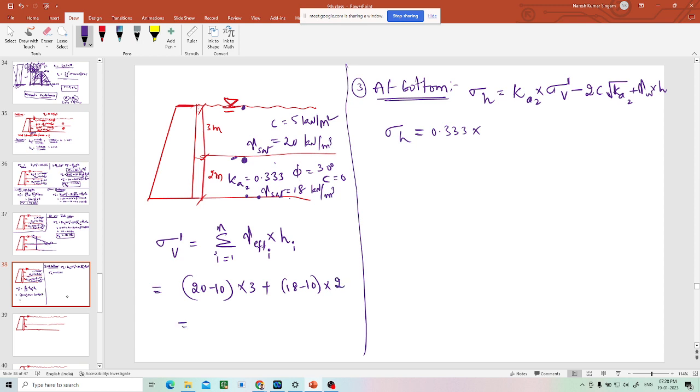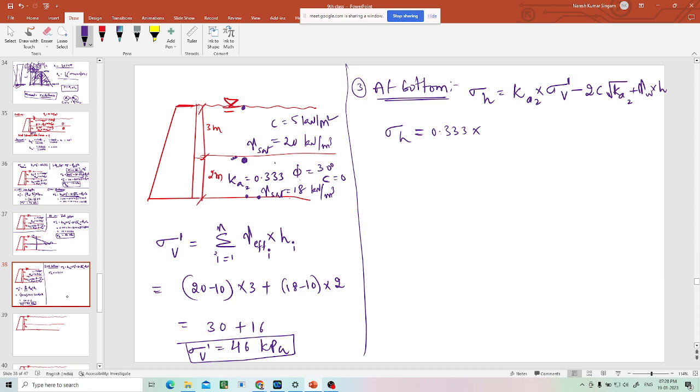That's it, na? Can you tell me what is the value? It should be 30 plus 16, 46 kPa. Okay, we know the sigma v value at the bottom.